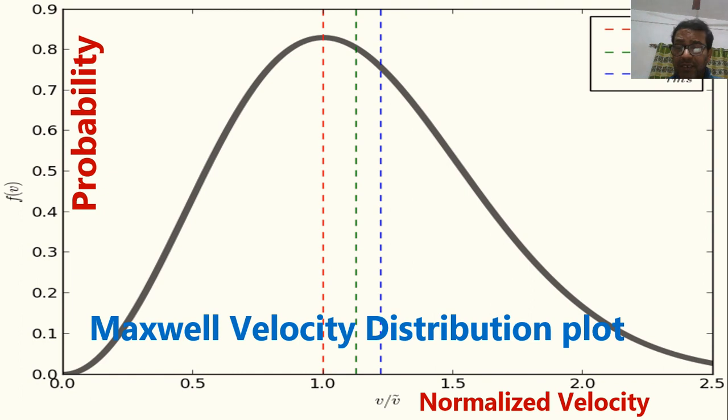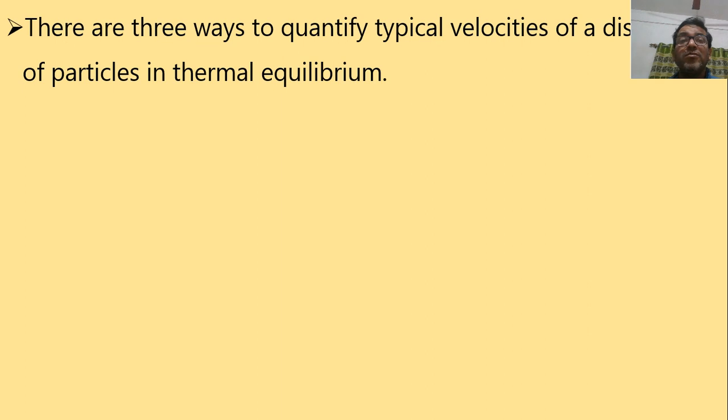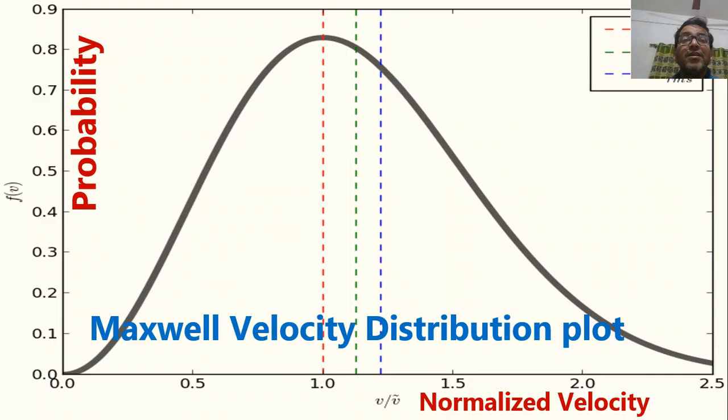It is the easiest way, as the largest number of molecules have this velocity. From the velocity distribution, the probability means the number of gas molecules occupying this speed. There it will be the maximum, so it is called the most probable velocity.